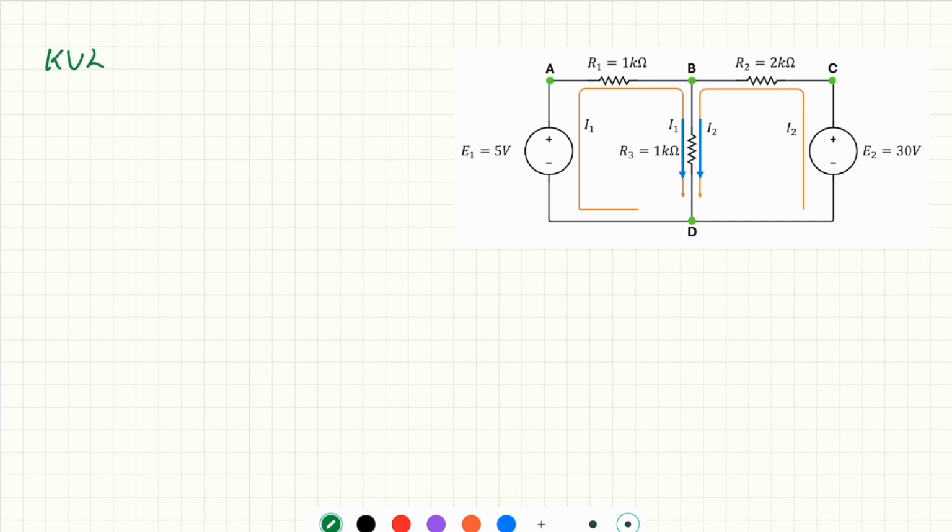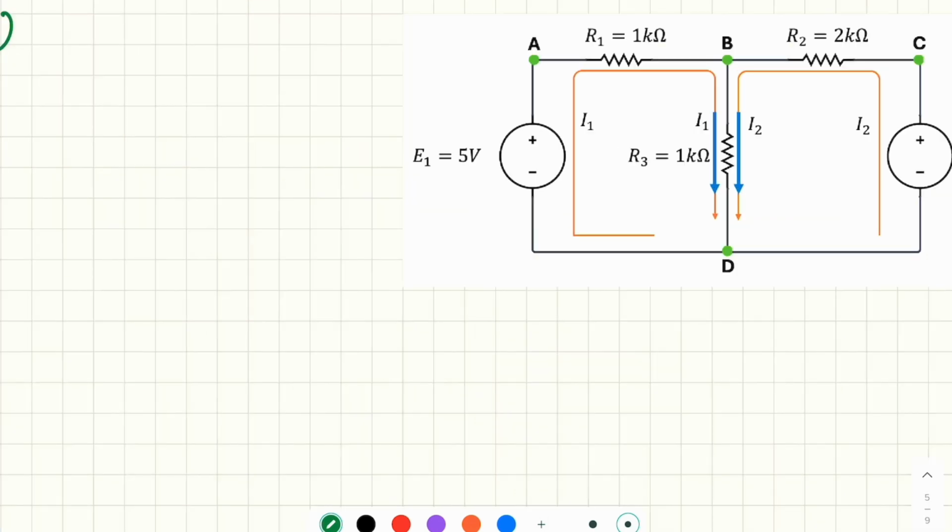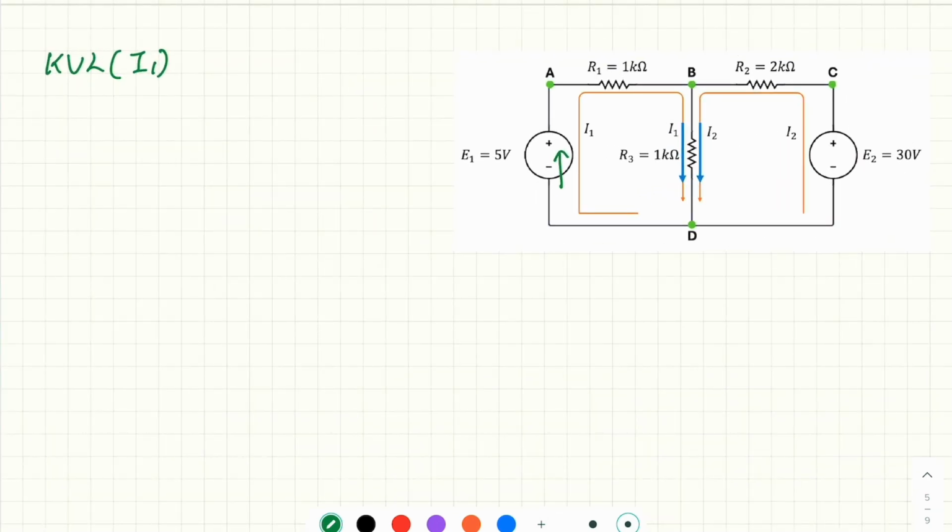KVL for mesh current 1. Mesh current 1 enters E1 from the negative side. So this is minus 5. We have minus 5 plus 1K, the value of R1, multiplied by I1. So this is the voltage across R1 with the positive sign convention.